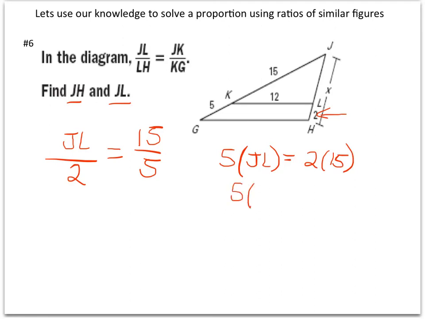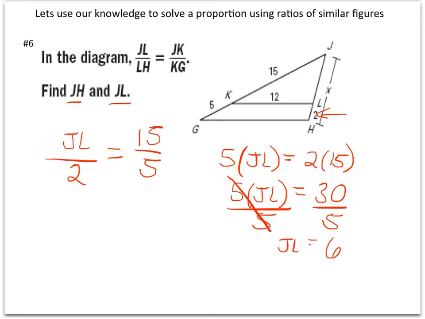Notice how I'm using parentheses here. JL is just some variable. I could have called it x, or something else, it doesn't matter. And that's equal to 30. We're solving for JL, so we want to get rid of that coefficient by dividing it out. 30 divided by 5 is equal to 6. So JL is 6.